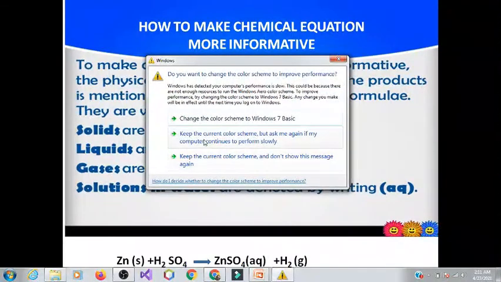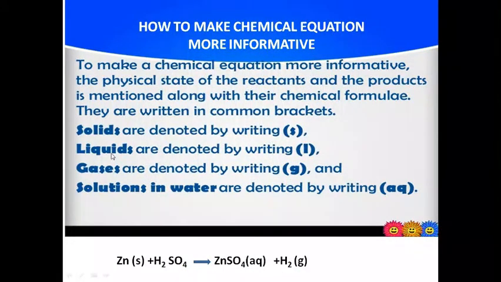If it is in the liquid state, then it is shown by small l within brackets.